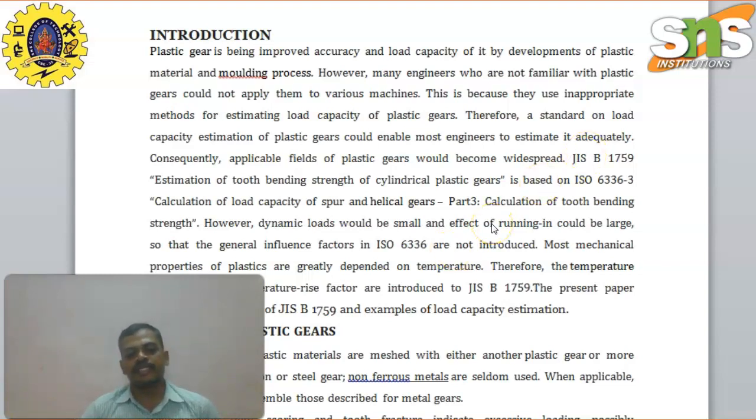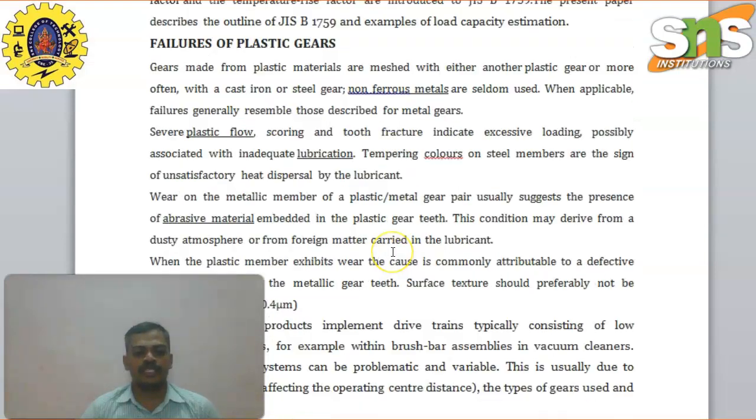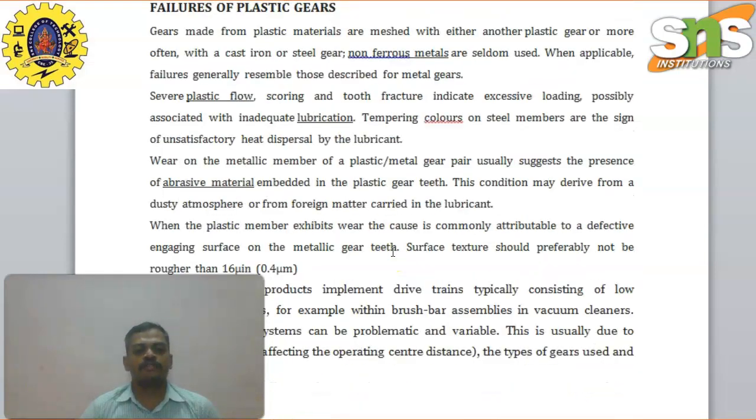The main reasons for failure in plastic gears. The gears are made from plastic materials, mostly nylon, carbon, etc. These gears are more often mixed with other plastic gears or steel gears, with cast iron, steel gears, and non-ferrous metal seldom used.